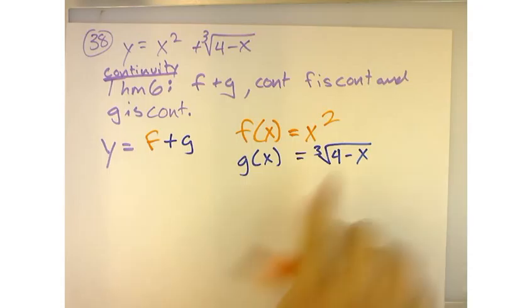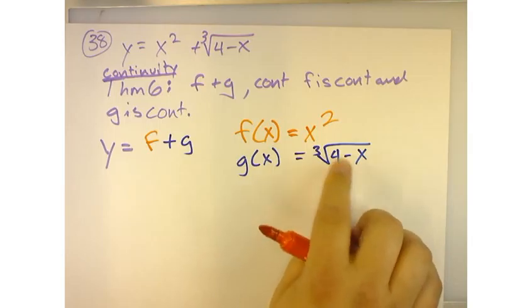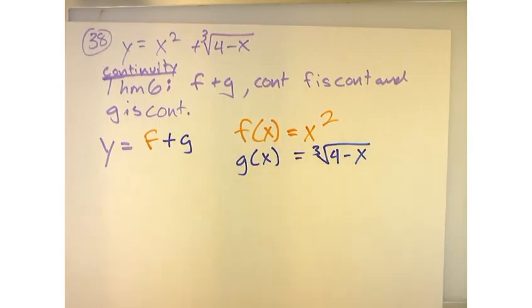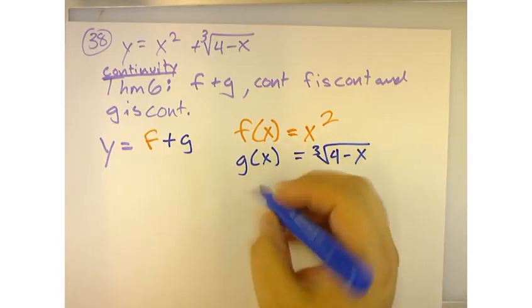I suppose I could use theorem 7 here and do the composite function, and so I'm going to do that. But I just want you guys to know the answers will vary, right?